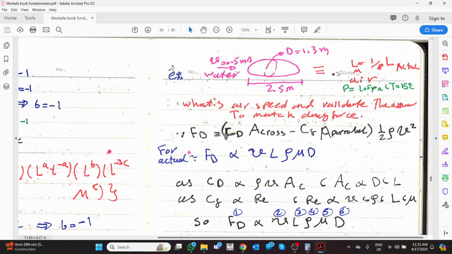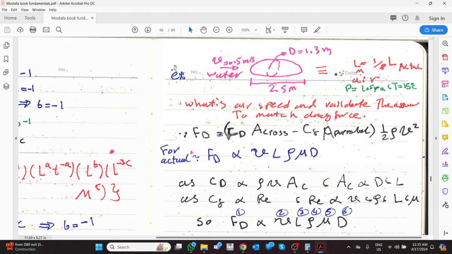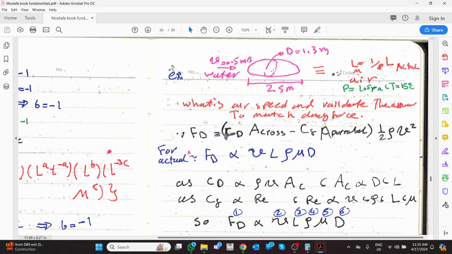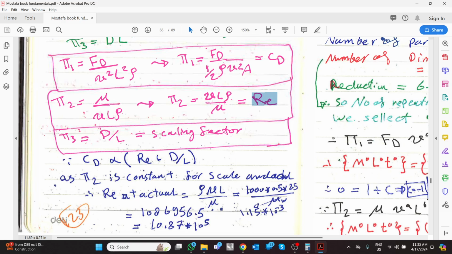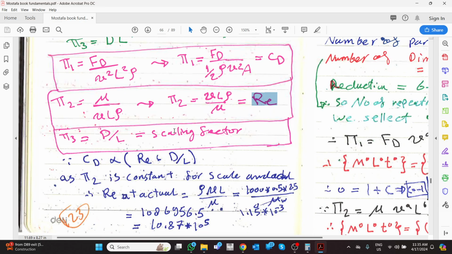D over L. It's not the scaling, sorry. It is the characteristic factor, which means what the shape is. Is it like a small cylinder or like a ball? It is not scaling, it is a characteristic factor.